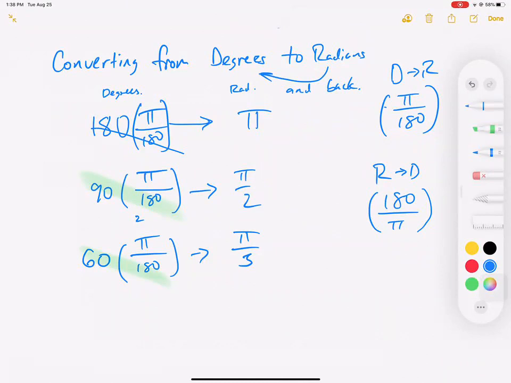So even if you have something, let's say 50 degrees, I have degrees, I want radians. Divide by 180, this becomes 5 pi over 18. You're done. No more reducing. This is your answer.